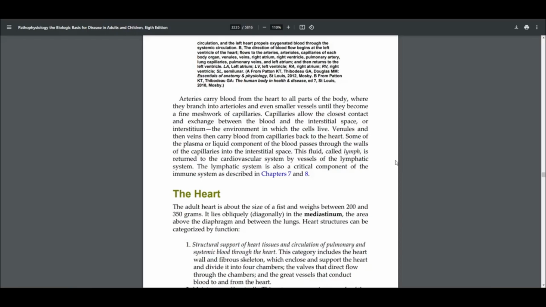Some of the plasma and liquid component of the blood passes through the walls of the capillaries into the interstitial space. This fluid, called lymph, is returned to the cardiovascular system by vessels of the lymphatic system. The lymphatic system is also a critical component of the immune system described in Chapters 7 and 8, which you can take a look at. I've read through those, so I may post a link.